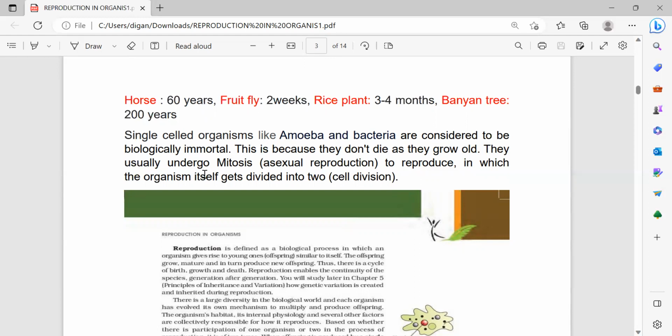When they grow older, the parent body divides into two parts by asexual reproduction or mitosis cell division, and as a result forms two offspring. That's why amoeba and bacteria are counted as immortal. This is a frequently asked question.